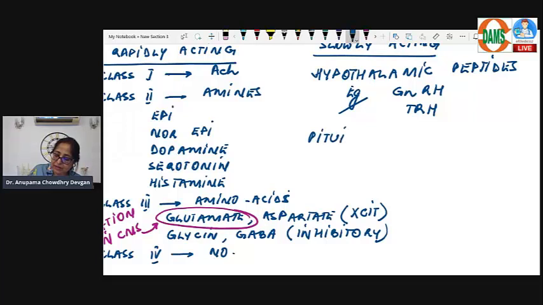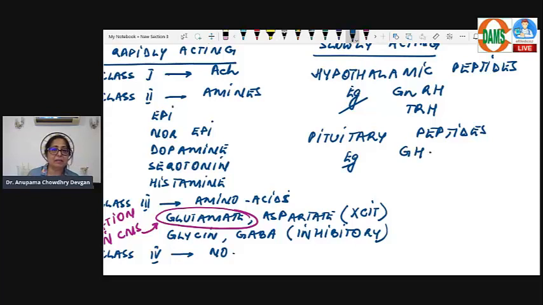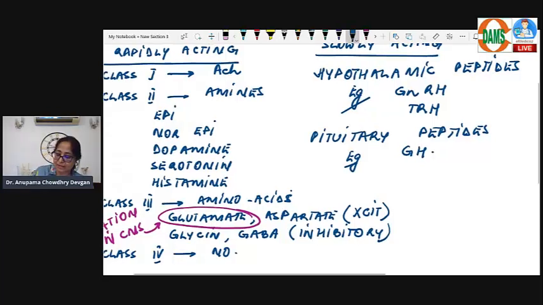Even pituitary peptides can act like neurotransmitters. For example, growth hormone can act not just as a hormone, but as a neurotransmitter as well.